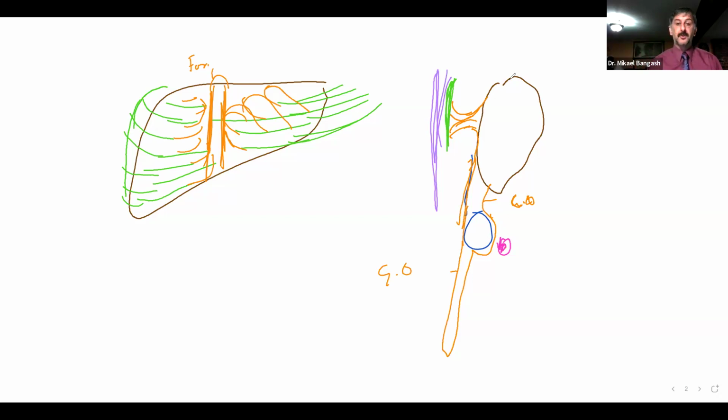All of the loops of your small intestine are going to be completely covered up. So if you take a loop of your small intestine, it is going to be completely covered up with peritoneum.